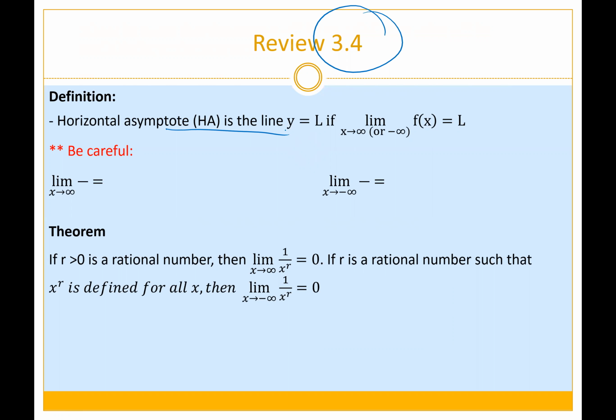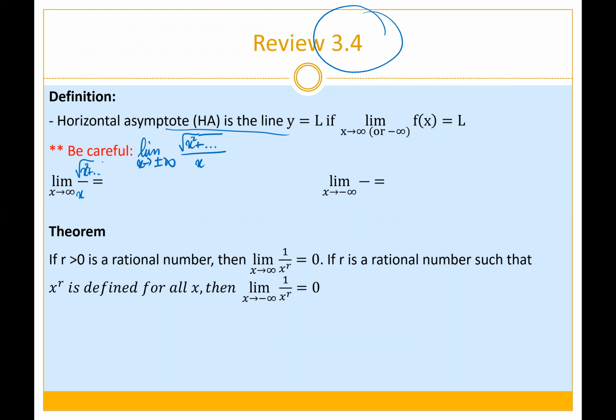One thing to pay attention to is when you have the limit as x approaches plus or minus infinity of the square root of x squared plus something, over x. You have to know how to take x out of the square root. Say x approaches infinity of the square root of x squared plus something over x.